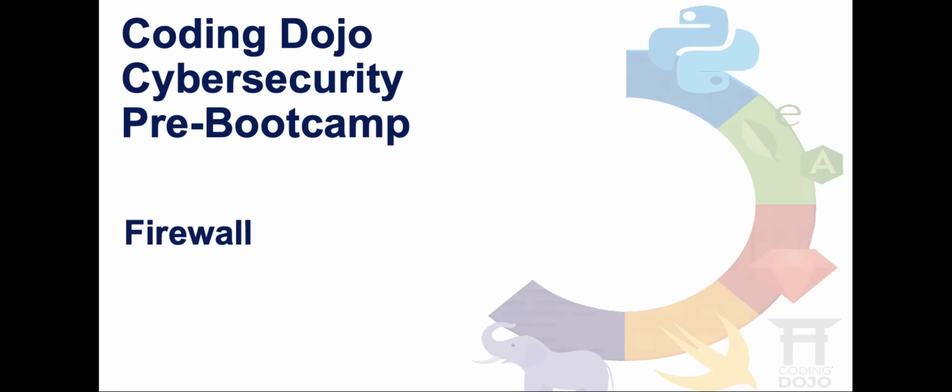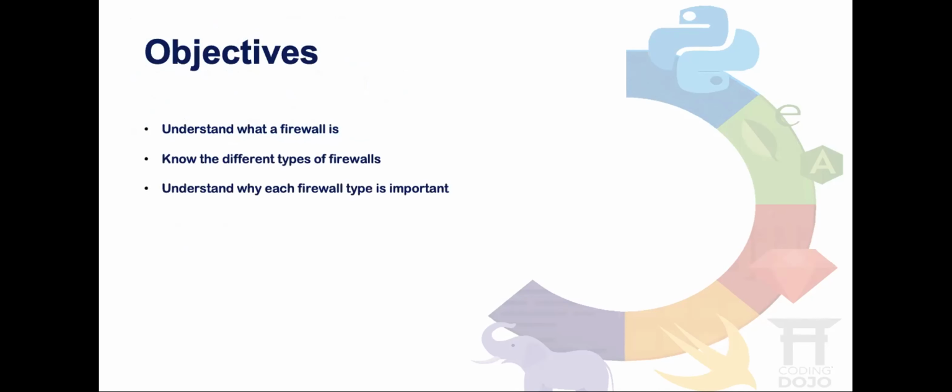So these are just 6 slides, but it will feel like there are 20 slides because there are some few things to explain. And the objectives of this is to understand what a firewall is, know the different types of firewalls, and then also to understand why each firewall type is important.